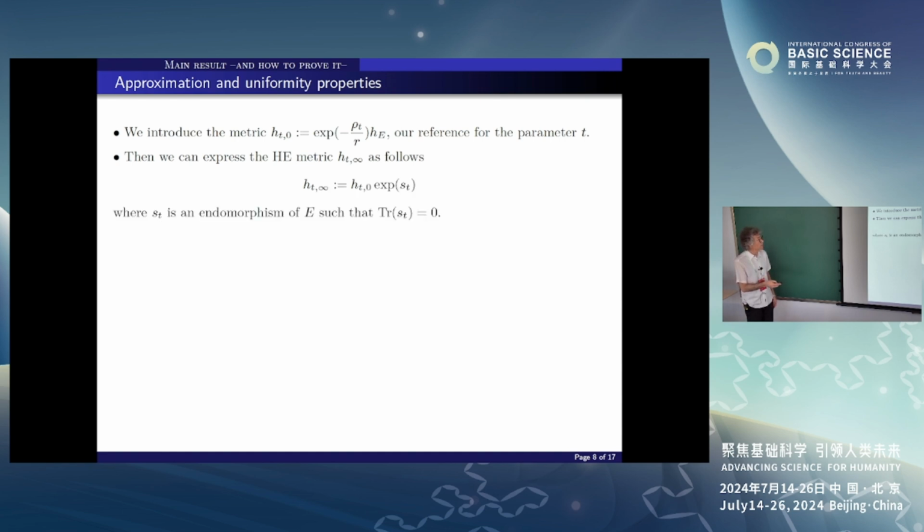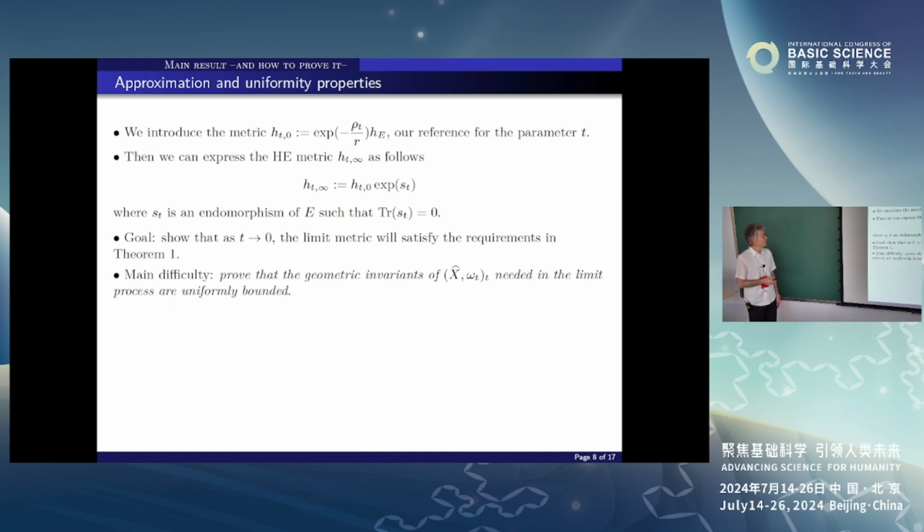It's our reference metric times the exponential of some endomorphism. But now the advantage is that the trace of this endomorphism is 0. Fine. So now, of course, the goal would be to take the limit as t goes to 0, and then try to argue that the limit will be our metric in theorem 1.